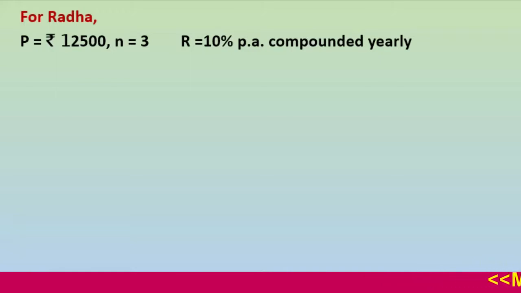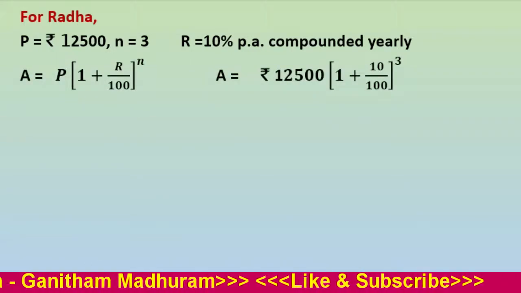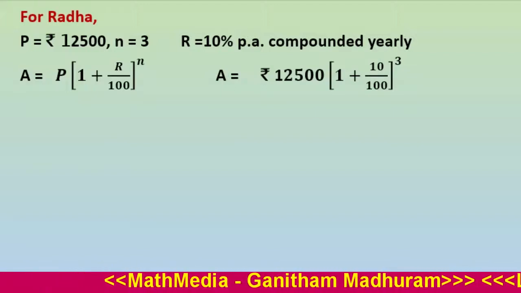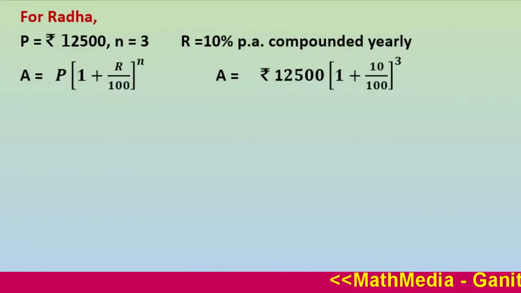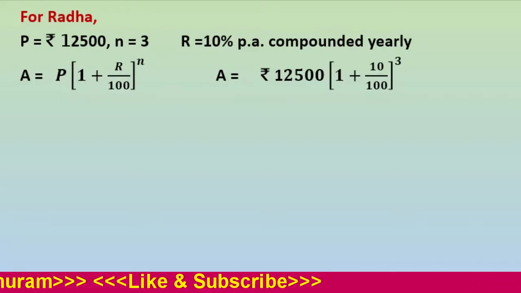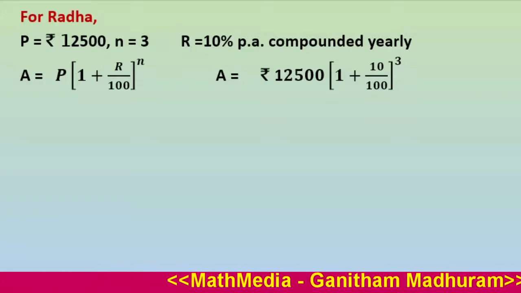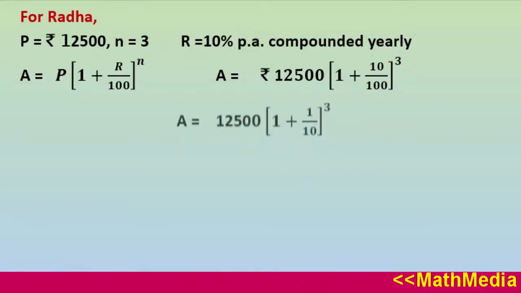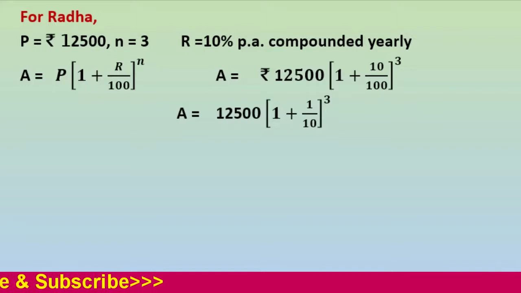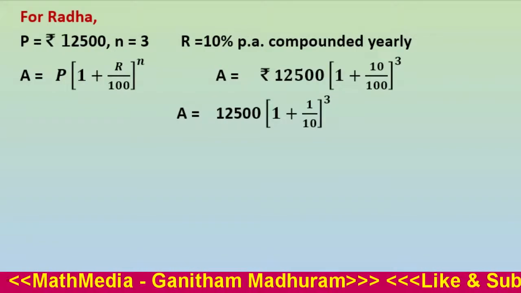So we know the formula of amount A equal to P into 1 plus R upon 100 raised to N. Substitute the values over here. So we get 12,500 into 1 plus 10 upon 100 whole cube. While cancelling, 10 in the numerator and denominator can be cancelled. We get 12,500 into 1 plus 1 upon 10 whole cube.